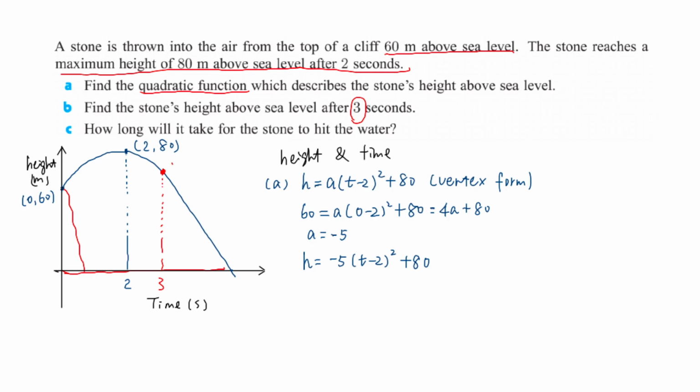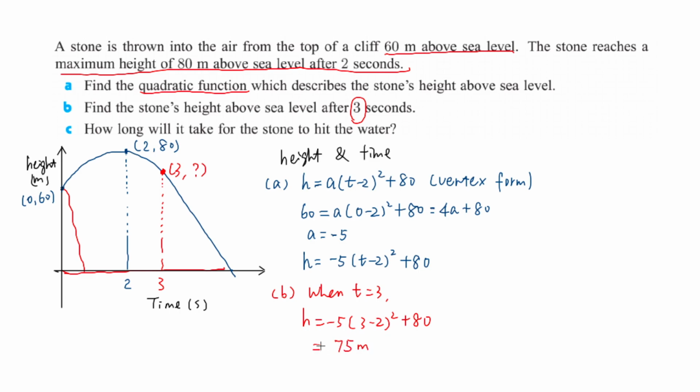We can substitute t equals 3 into the quadratic function, so h equals negative 5 times (3 minus 2) squared plus 80. So the right side equals negative 5 times 1 squared, still negative 5, and then plus 80, so equals 75 meters.